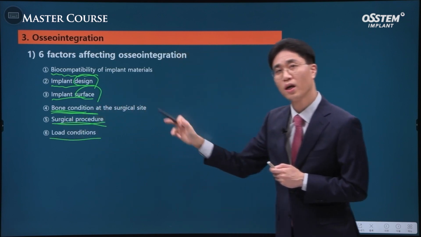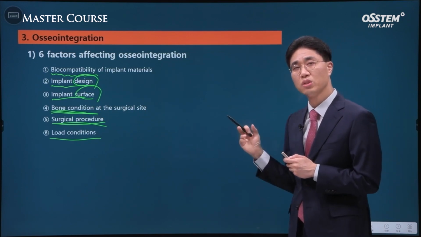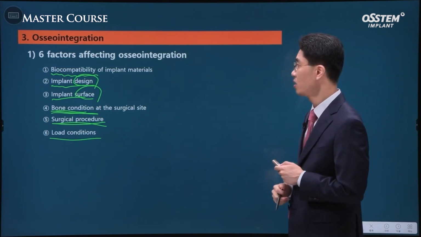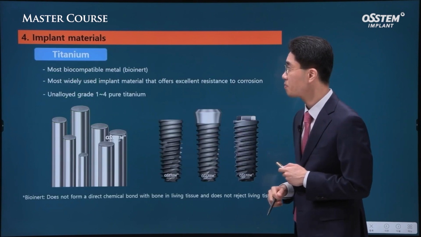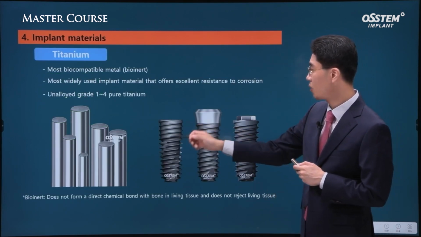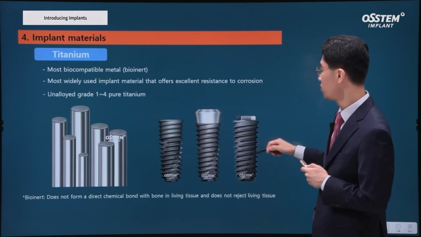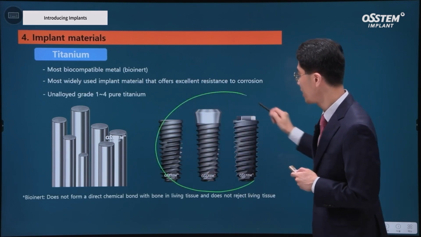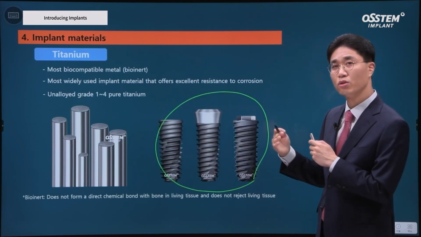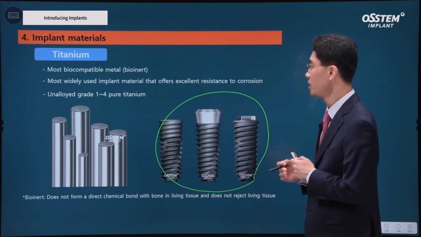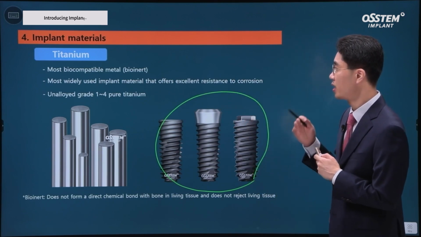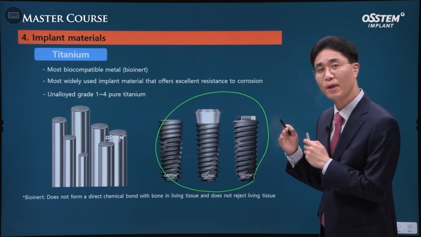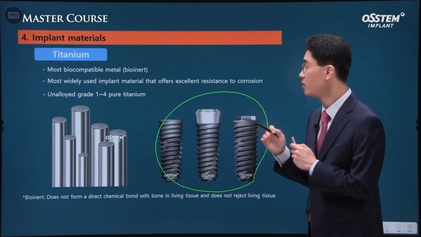And sixth, loading conditions. Depending on that, the results may vary. This is titanium rod. As mentioned, there are 3 types of implant. These are mainstream options, and we can choose the implant accordingly with the different clinical situations.